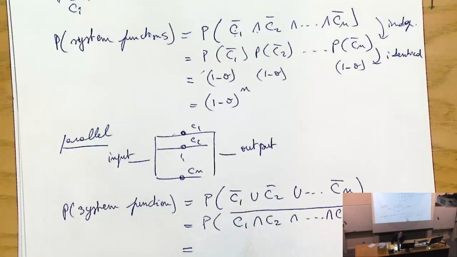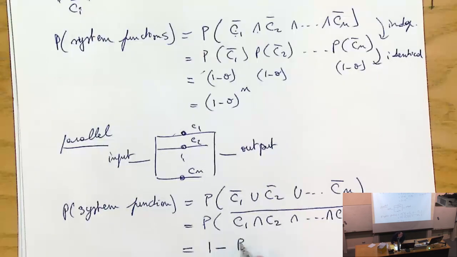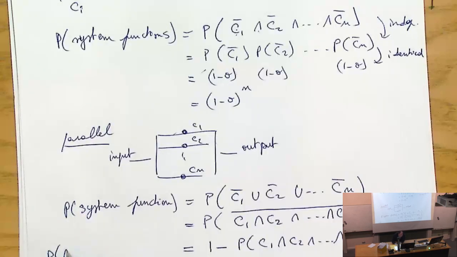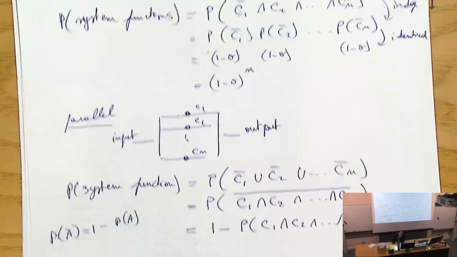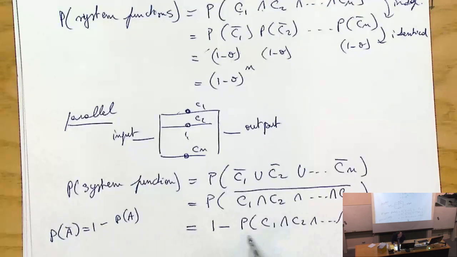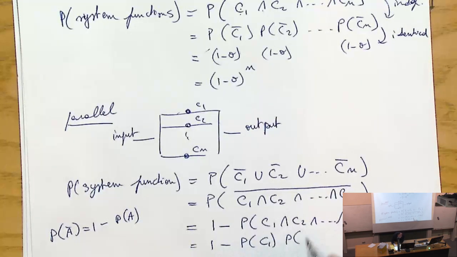The probability of the complement, this is 1 minus the probability of this event, C1, C2, all the way to Cn, right? You remember? P of A not is 1 minus P of A. Now this is 1 minus the probability of the intersection. This is P of C1, P of C2, they're all independent, P of Cn, right?